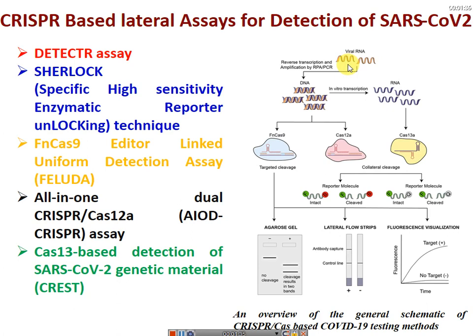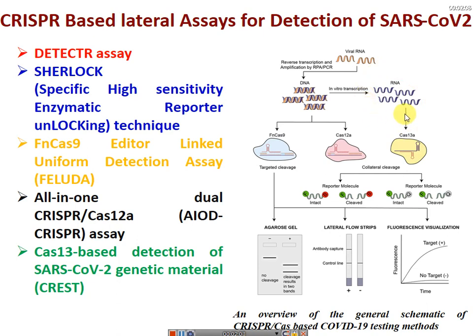We can choose any amplification method, but mostly the techniques being discussed here use isothermal amplification methods like recombinase polymerase amplification or loop mediated amplification. So this viral RNA is amplified using an isothermal amplification method and converted into DNA. Then in vitro transcription can also be carried out in some methods, converting it back into a higher number of RNAs.